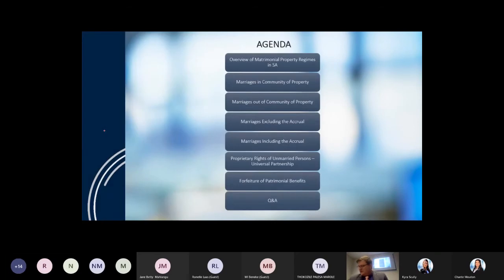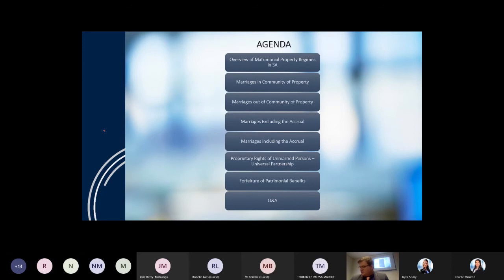So, today's agenda, we're going to be looking at an overview of the matrimonial property regimes in South Africa. Call it Matrimonial Property Law 101. We're going to be looking at marriages in community of property, out of community of property, both including and excluding the accrual, as well as some of the attributes and unique characteristics of these matrimonial property regimes.